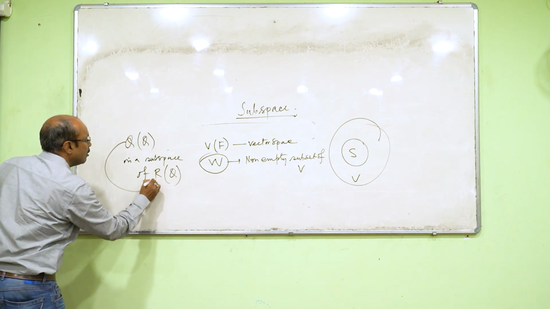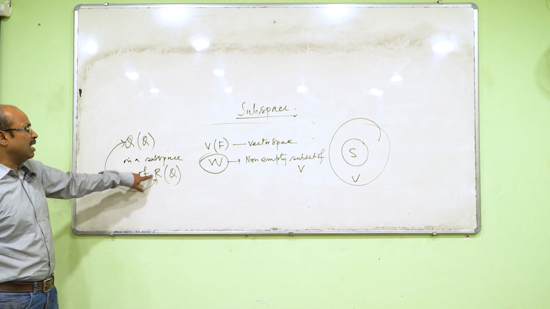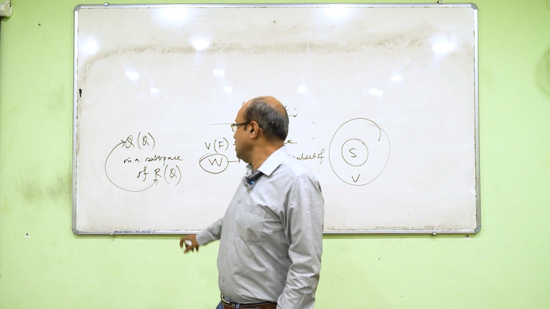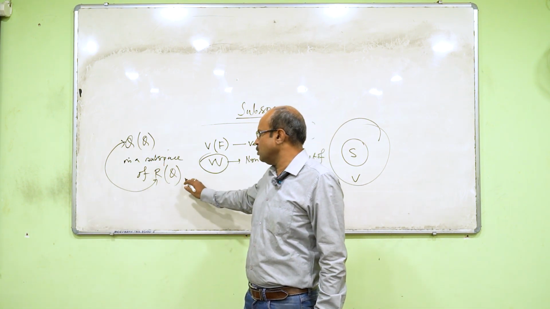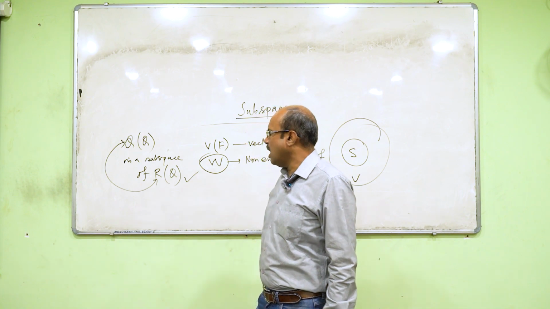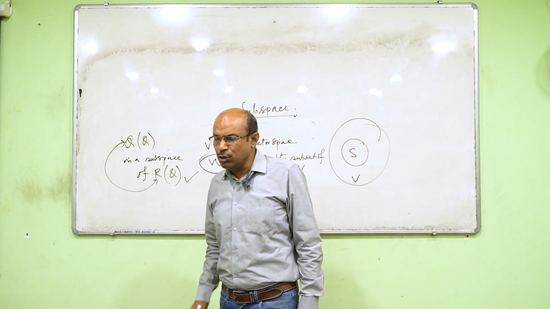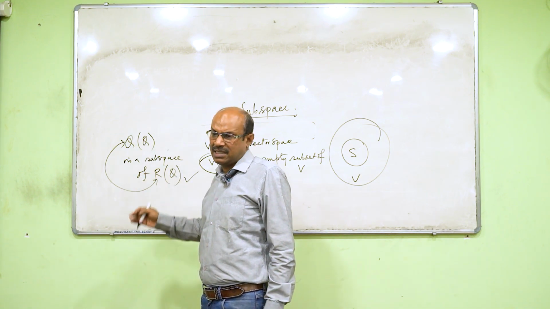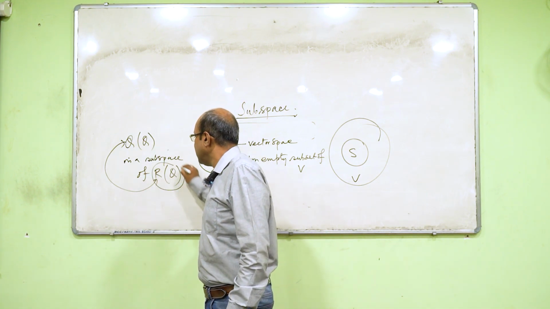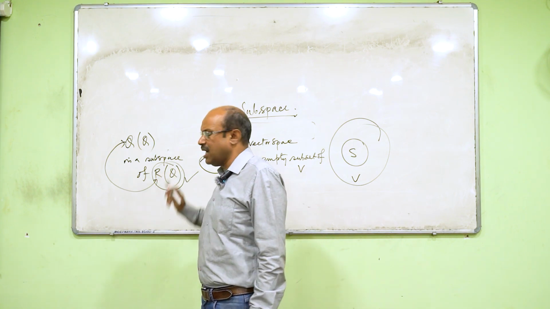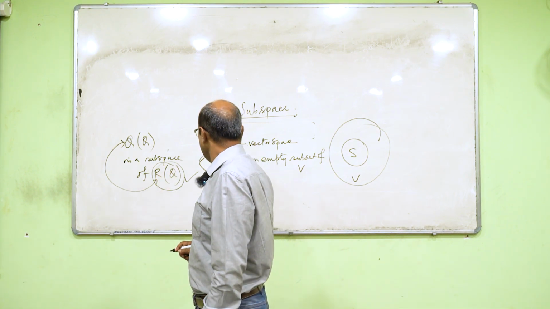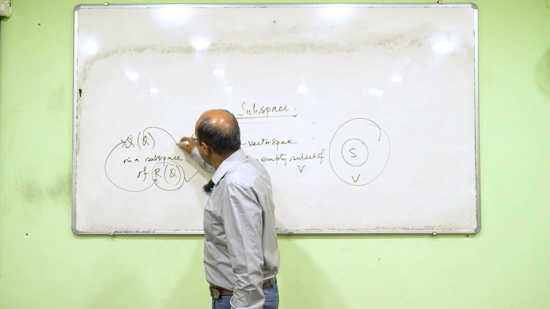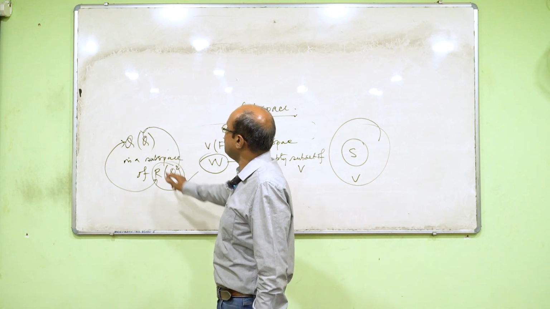Here you see that Q is a subset of capital R, and both are fields. So Q over Q is a subspace of R over Q. But it is not mandatory that every subset of R over Q is a subspace of R over Q. The primary condition is that the field must be the same.